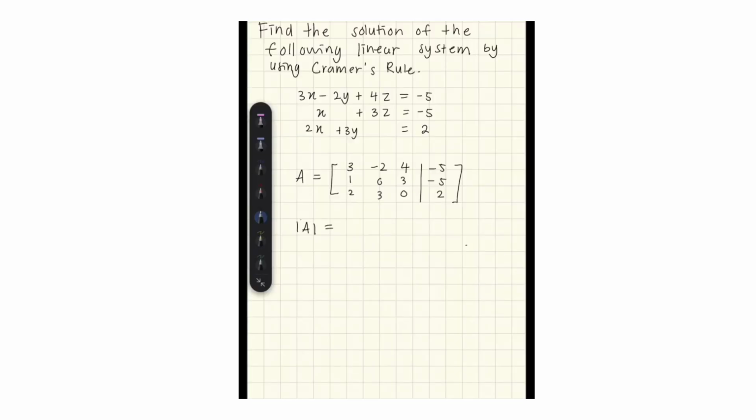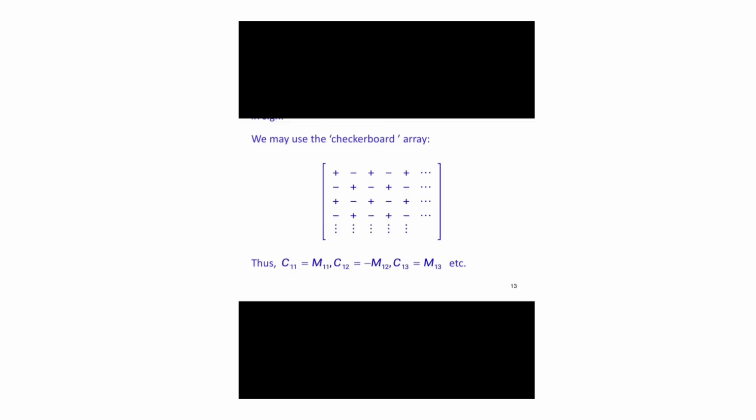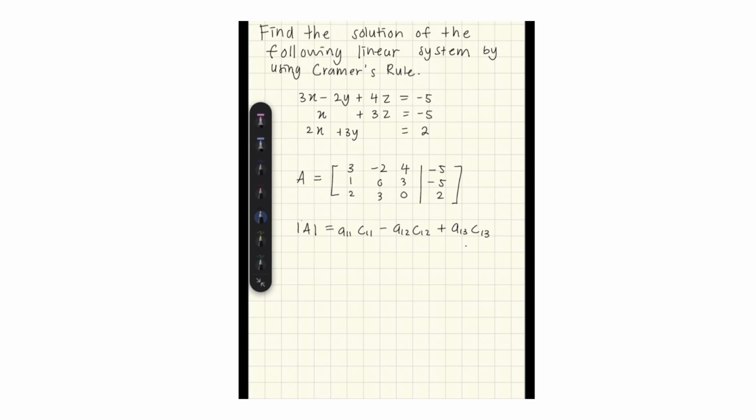For this question, the determinant of A is going to be a11 C11 minus a12 C12 plus a13 C13. We alternate the sign based on the position of the element. For the first row, the signs are plus, minus, plus. This gives us the formula like we show in this answer.